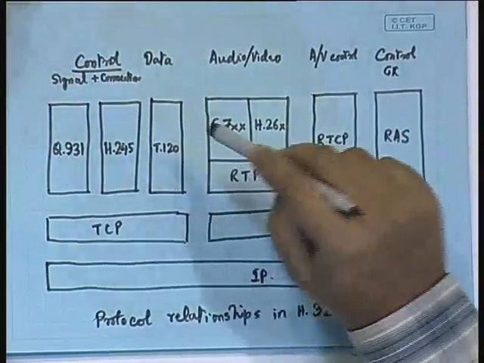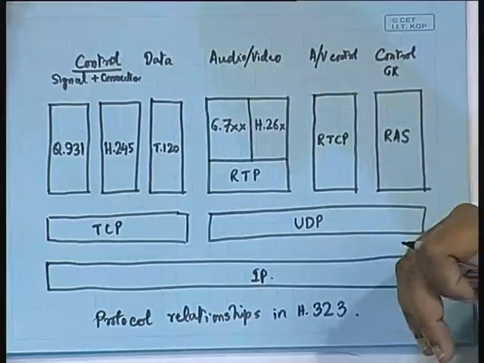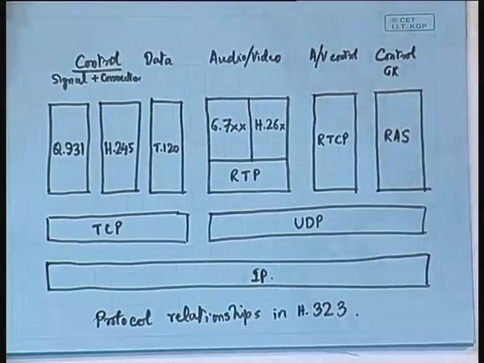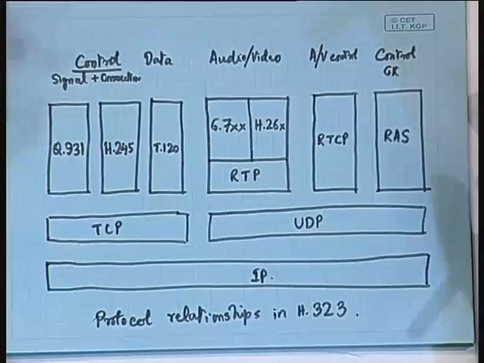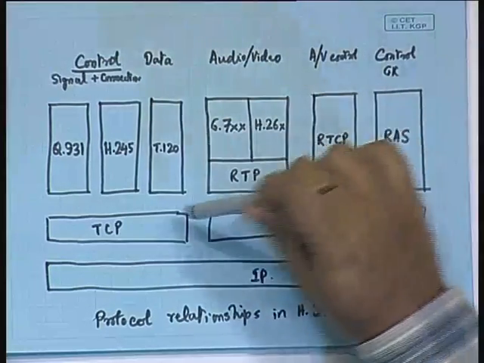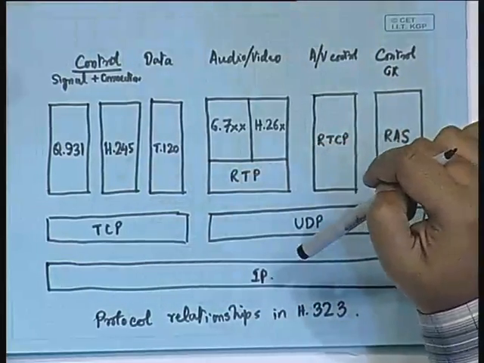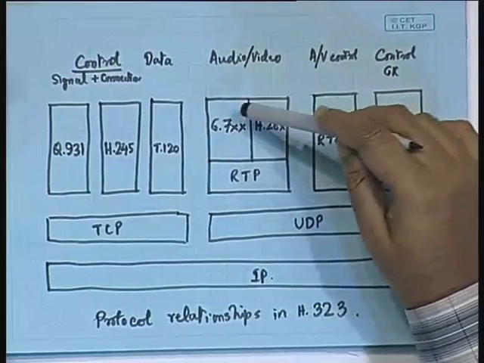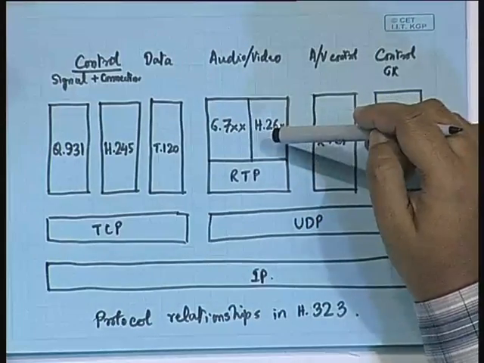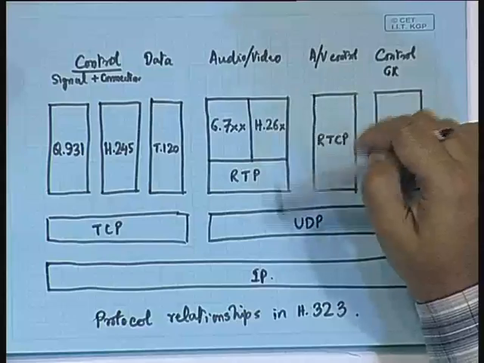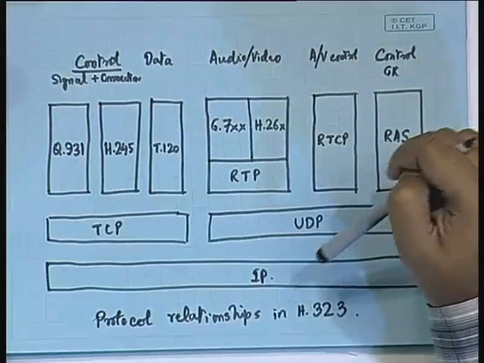So, Q.931 addresses the signaling, H.245 addresses the capability negotiation, T.120 takes care of the data integration. All these things have to be sent through the TCP IP, whereas the bit streams which are generated from the audio and the video codecs have to be transmitted over the RTP UDP IP protocol channel.